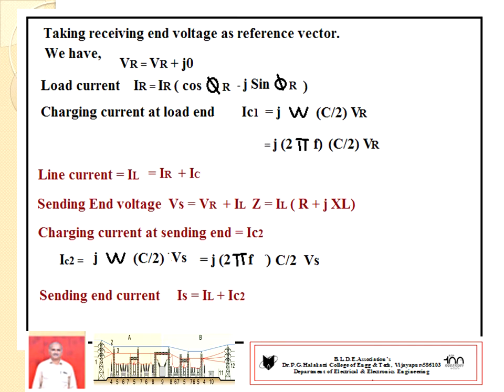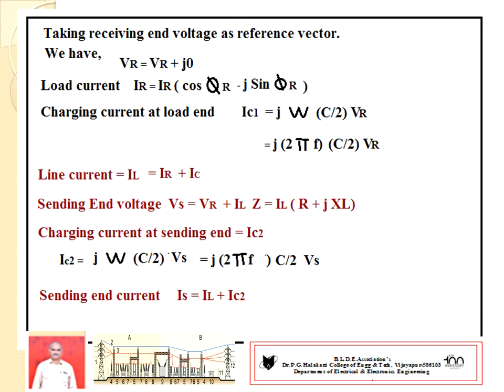The capacitance and load are in parallel, therefore VR is applied across the C by 2, which is nearer to load side. Hence IC1 is available. IR already we are having. Vector sum of these two will give IL, load current.